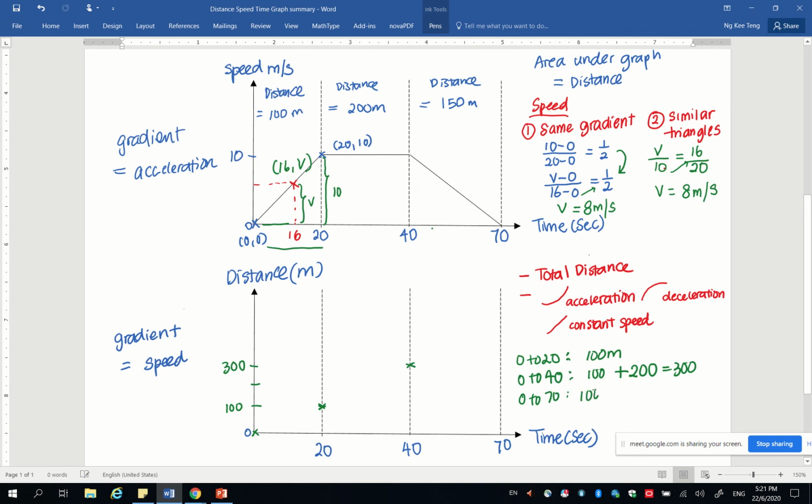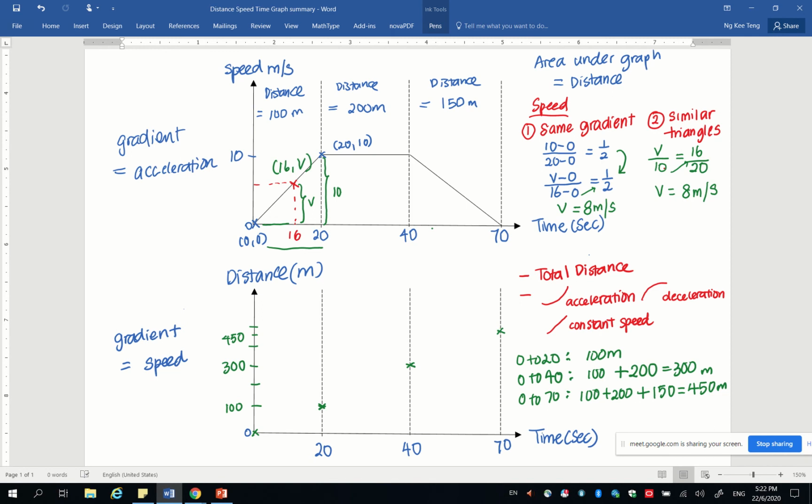I take 100 plus 200 plus the last distance, 150. That will give you 450 meters. So the last one over here is actually 450. Then you mark. Okay, so you need these few important points to begin with.